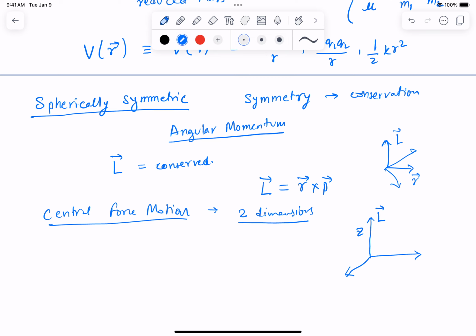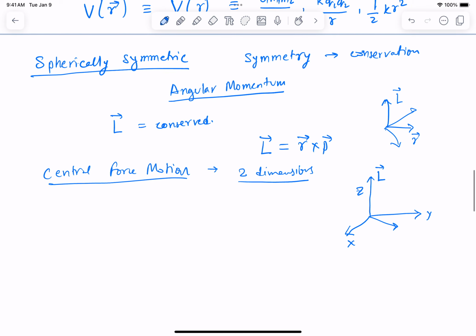In that case, the radius vector must be in the xy plane, because it has to be in a plane which is perpendicular to the z direction, or to the angular momentum direction. So this is your r vector, and all we need to know is the magnitude of this r vector and the angle of this r vector in this plane with respect to, let's say, the x-axis.